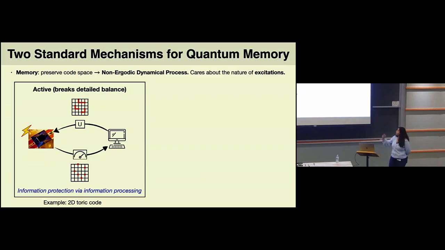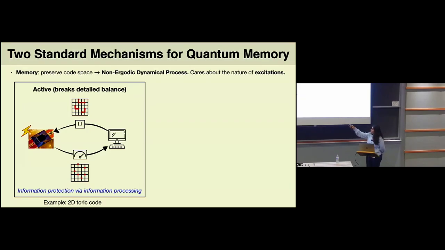So for instance, you can have some code state that's encoded, but there's noise in the system, and you want to remain in the code space. So you might make measurements to detect where your errors or syndromes are, and then you process this syndrome data on a classical computer, and you act with some corrective unitary. This processing could be local or non-local, but the key point is that to call it active, it has to break detail balance.